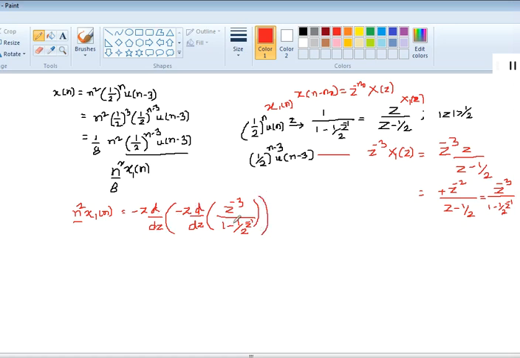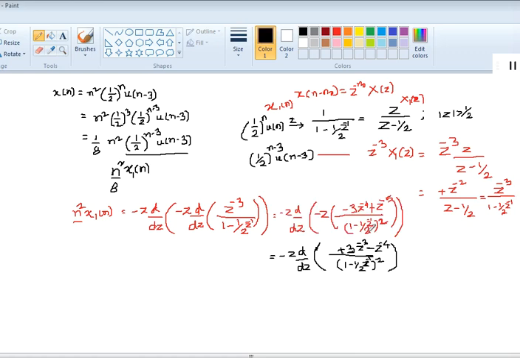In order to find this, first we need to find the differentiation of this value, and again multiply with minus z, and this will give us the z transform of n square into x1 of n. Let's solve this. After solving, we get 3 z raised to minus 3 minus z raised to minus 4 divided by 1 minus 1 by 2 z raised to minus 1, the whole square. Now the z transform of n square x1 of n is again the differentiation of this, so we go for differentiation of this one, minus z into whatever is the result.